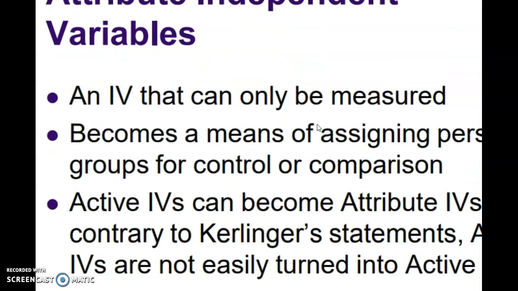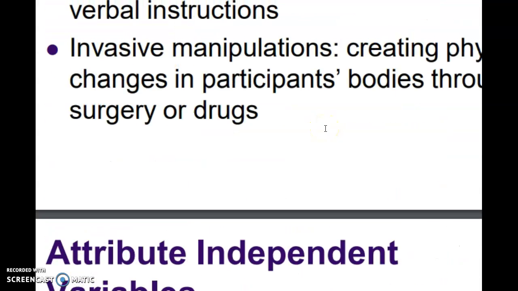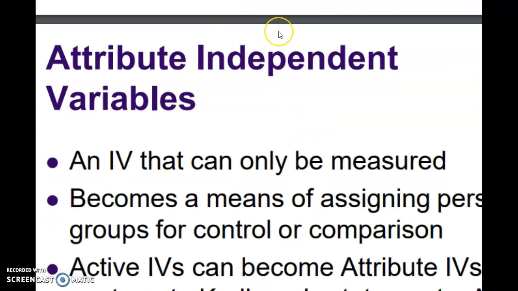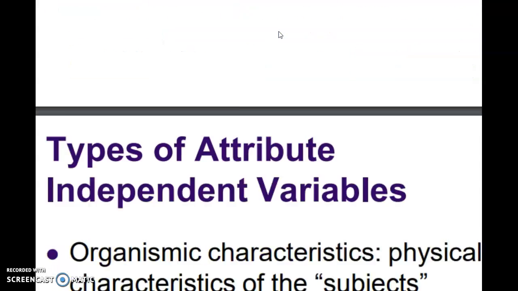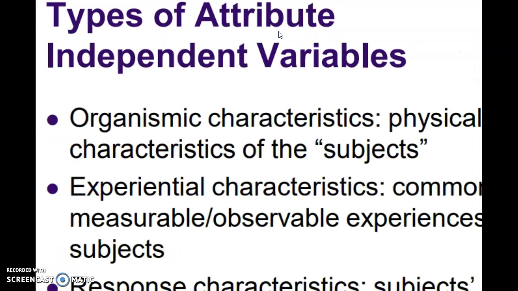So for instance, if we wanted to create two groups, a treatment and a control group, and wanted to see how, in the example that we looked at earlier on, which has to do with weight loss, we could do that using what we call the attribute variables. Types of attribute variables.